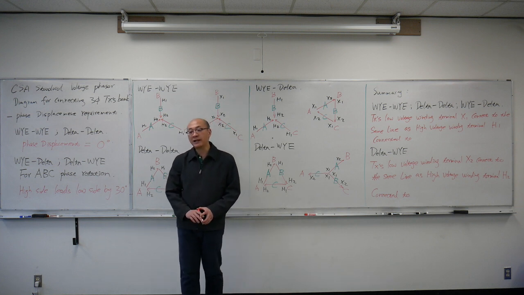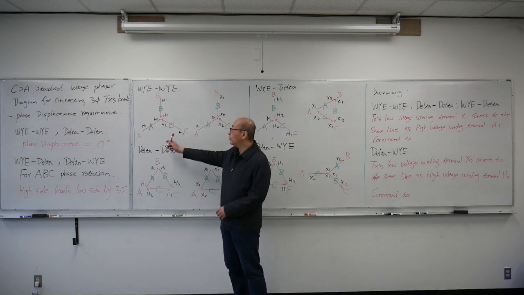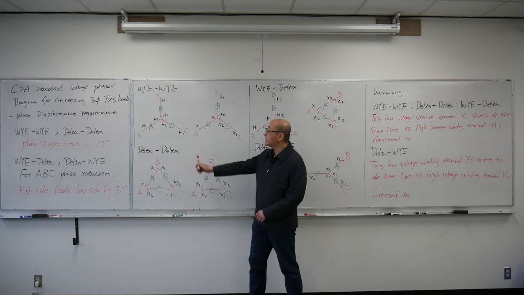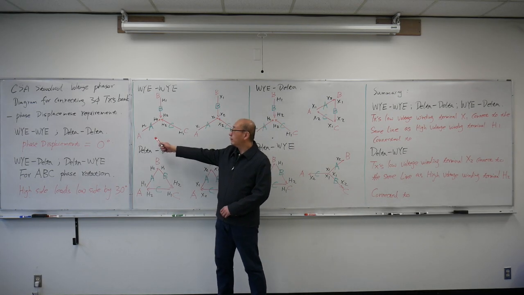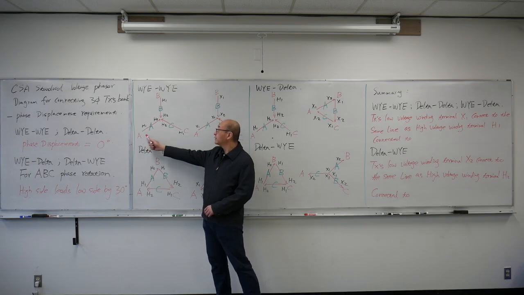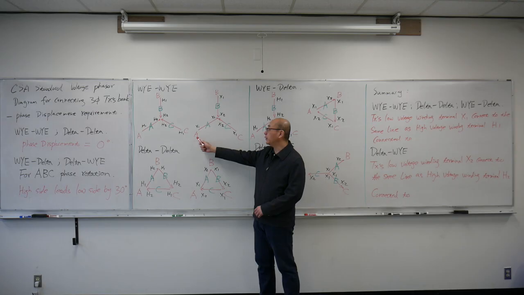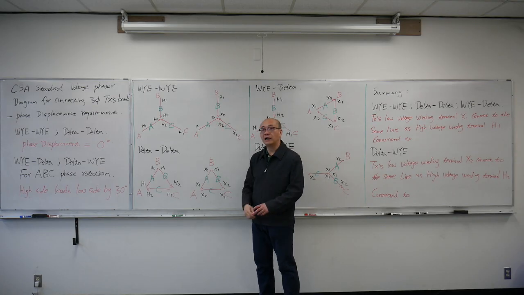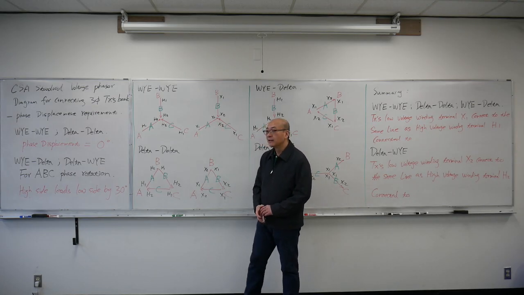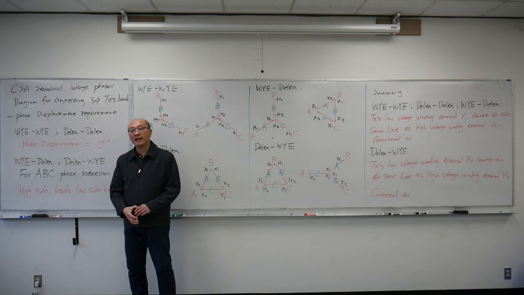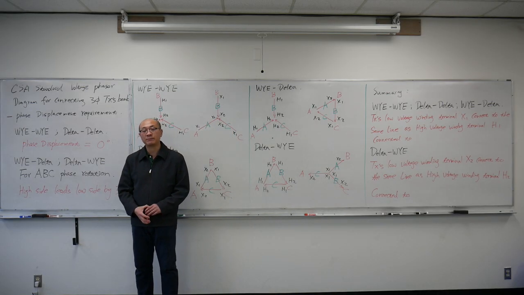The phase displacement is between the high voltage side and the low voltage side. In this example, the voltage between A and the neutral point on the high voltage side and the voltage between A and the neutral point on the low voltage side, if those two voltages are not in phase, then we have a phase displacement.